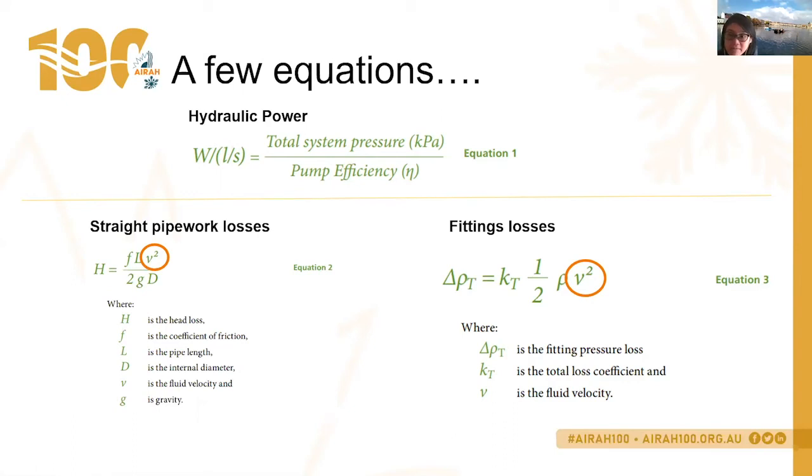Therefore, if I decrease my pressure loss for my straight pipework component by say 10%, my fittings pressure loss reduction will also be 10% because of that proportionality assumption, and therefore overall my system level hydraulic pump power based on the hydraulic power equation will also be 10% less.